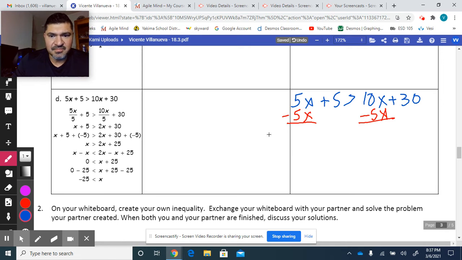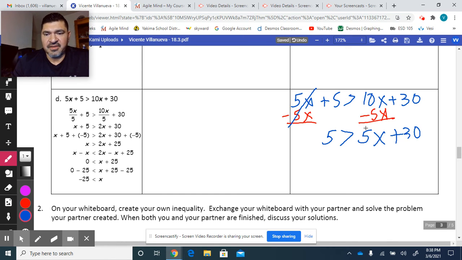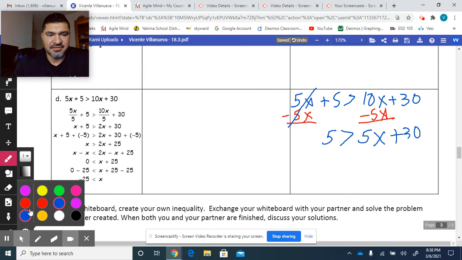Okay, so 5x minus 5x, that's nothing. Nothing plus 5 is 5. Then we have 10x minus 5x, which is 5x, plus 30. Okay, we should be thinking of the next step here, which would be to subtract 30 on both sides.